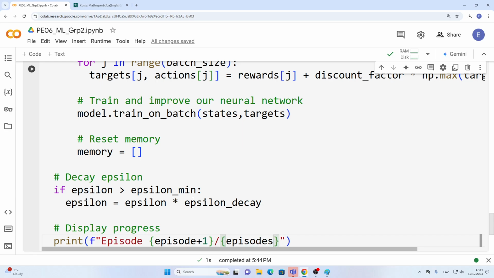So this is episode 0 out of 10, for example. Then total reward is going to be total reward. Yes, and I think that's going to be all that we wanted to see.